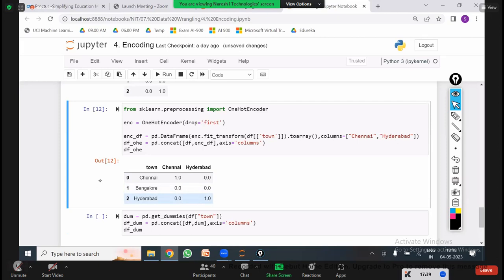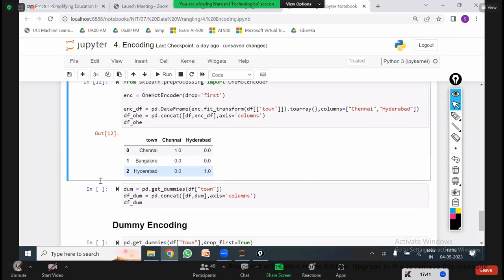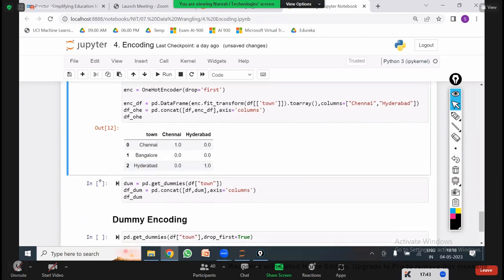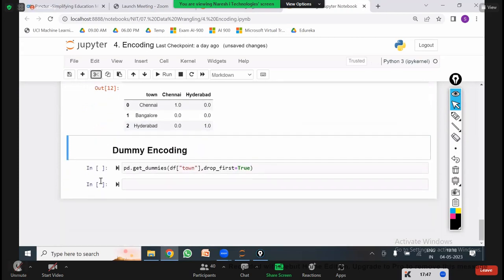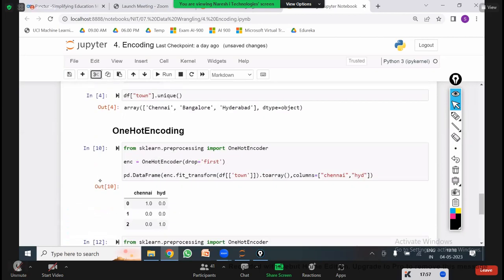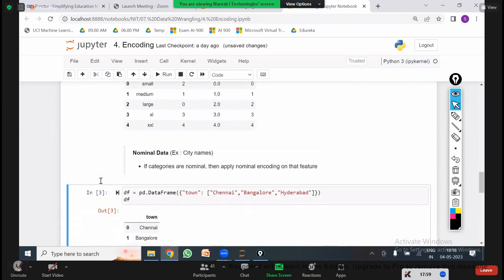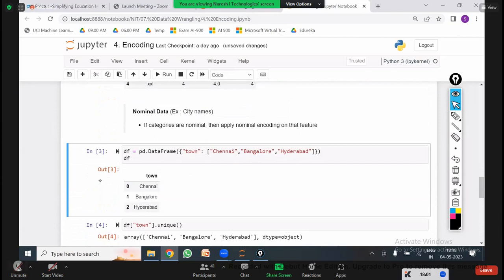Clear, guys? Now, this is one option, option number 1. We have one more option, called dummy encoding, by using pandas. So what I'm going to do is pd.getDummies, df of town. What is df? This is the original data frame.